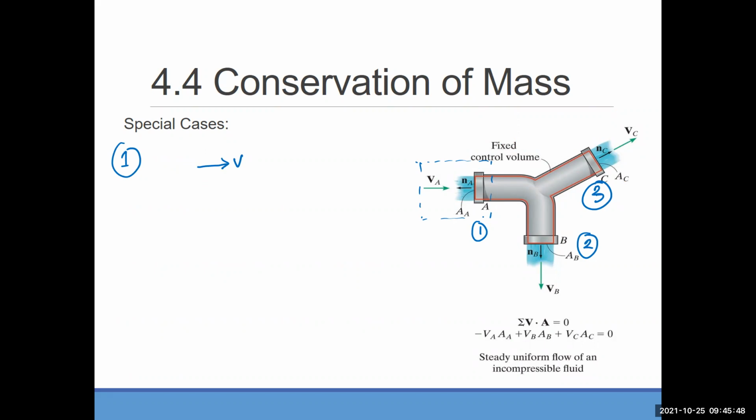N is always outward. And what is the angle between these? And for 2 and 3, the direction of V is this. What is the direction of N? Again, the same. And the angle between them is what?